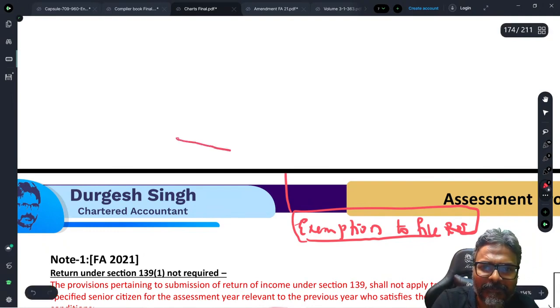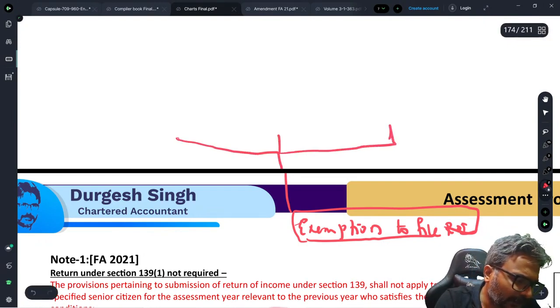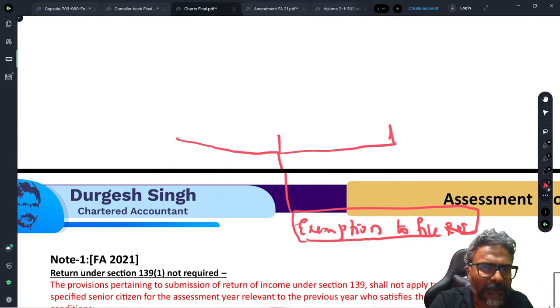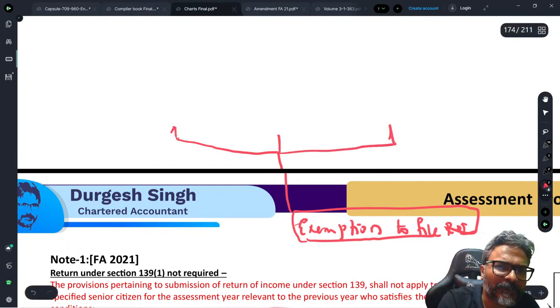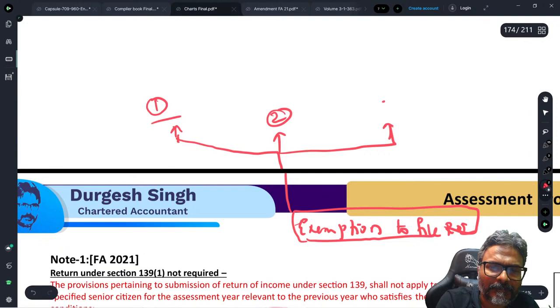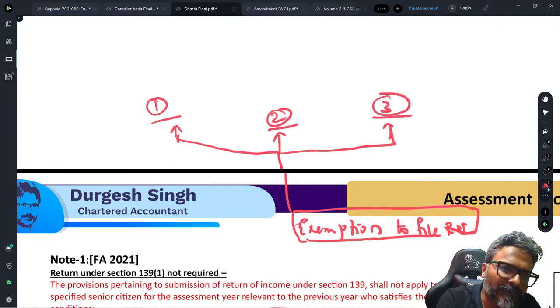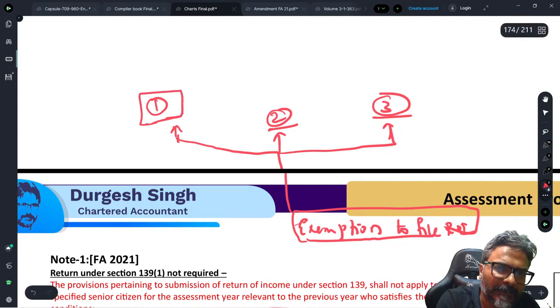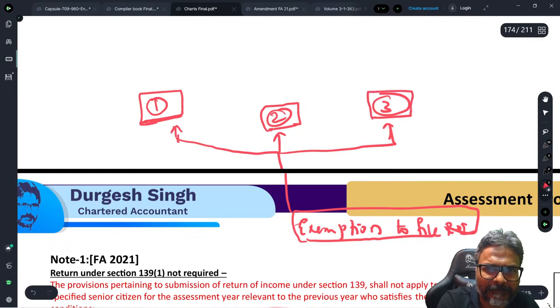Now if you see for the non-resident, these are the sections which were there. I think all of you are aware of this also. So for the non-resident, students, what we get is point number 1, then the second one and the third one.